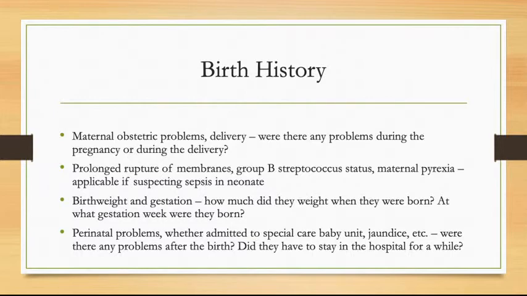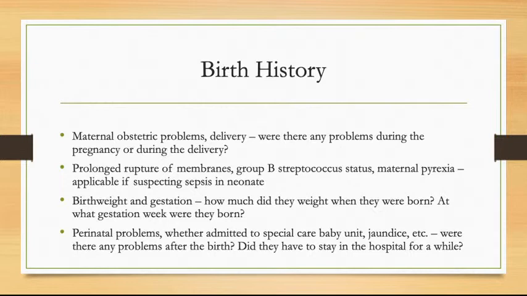So things you need to check are, were there any problems during the pregnancy? What was the type of delivery? Was it vaginal or a cesarean section? Were there any problems during the delivery itself?